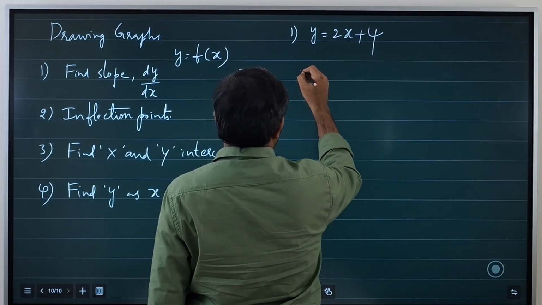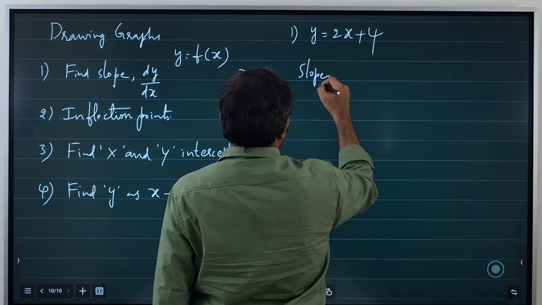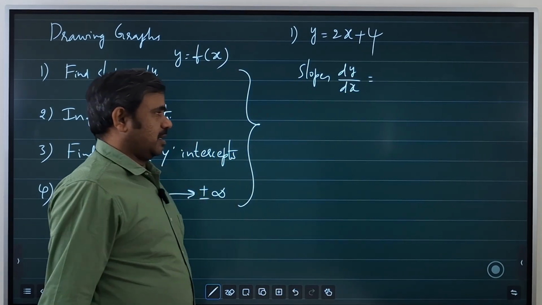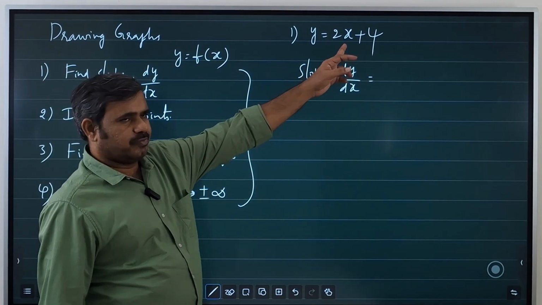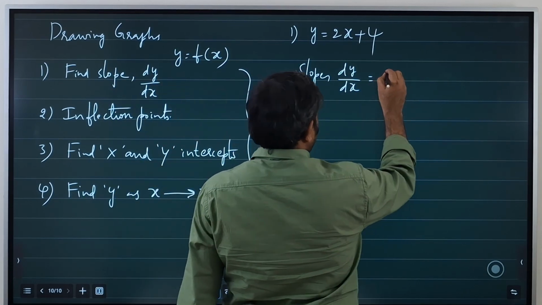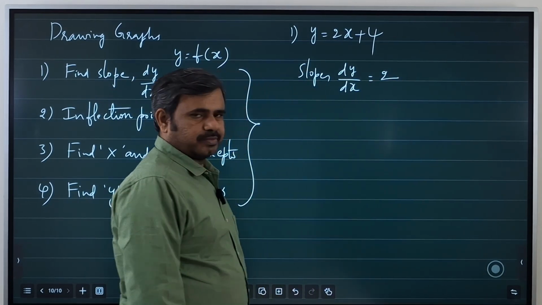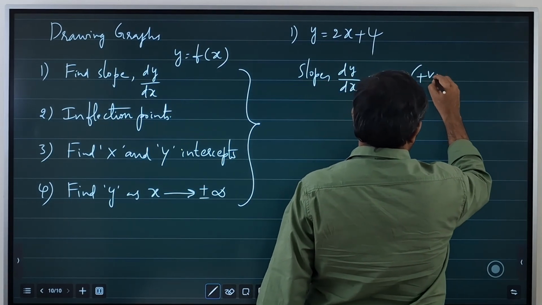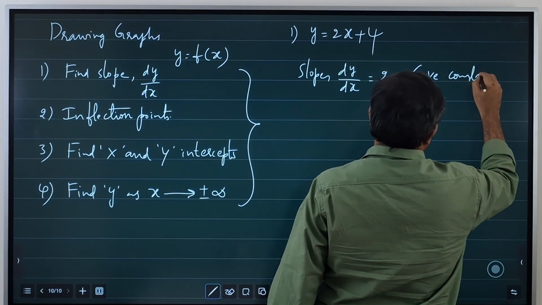So first find out the slope, or dy by dx. If you differentiate this, you will get 2. It's a positive slope and a constant slope.